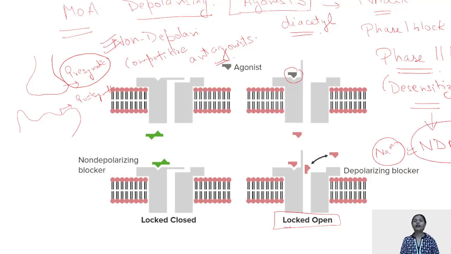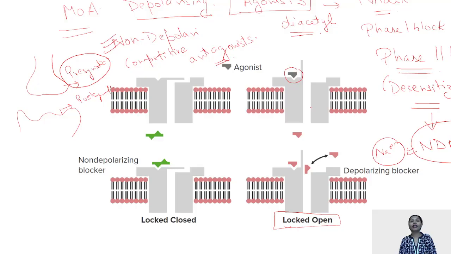And all the clinical features that come now are of the NDMRs. For example, as we have already discussed in the neuromuscular monitoring class, tetanus, post-tetanic count, train of 4. No fade phenomenon was seen in the depolarizing agents. But in the phase 2 block, all such phenomena which were applicable to the non-depolarizing muscle relaxants will now be seen in the depolarizing agents also.